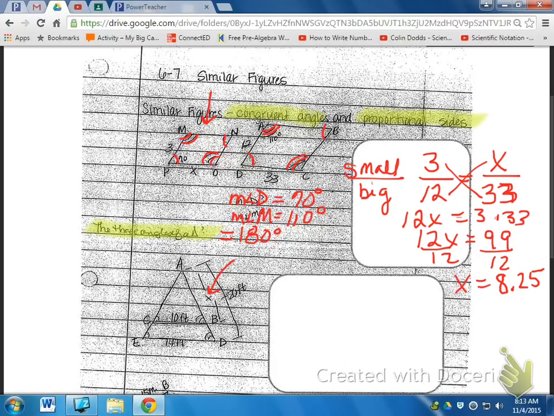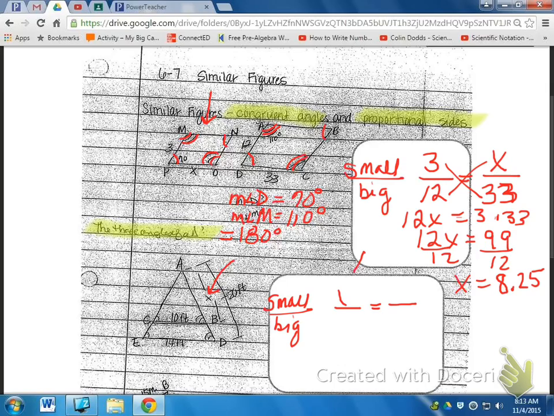I'm going to set this up exactly the same way. I'm going to say small to big. That always helps me. Fraction bar, equal sign, fraction bar. So let's do this again. Give me the length of a side in the small triangle. Trayton.